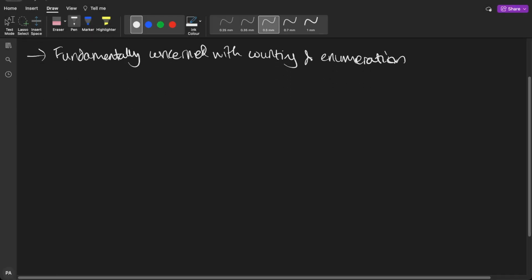Now, combinatorics is fundamentally related to sets, and so we're going to be using a lot of set notation.